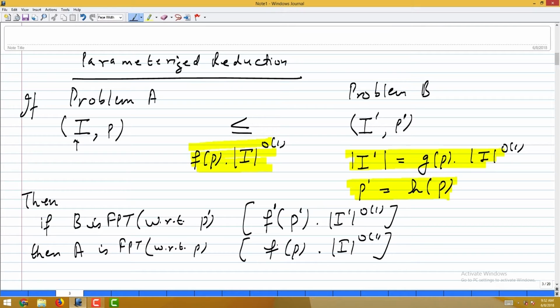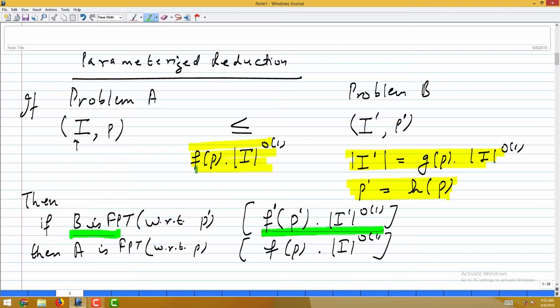Again, why is this true? Suppose B is FPT, then B has such an algorithm. Then how can we give an FPT algorithm for A? We'll do this reduction. Given an instance of A, we'll do this reduction.